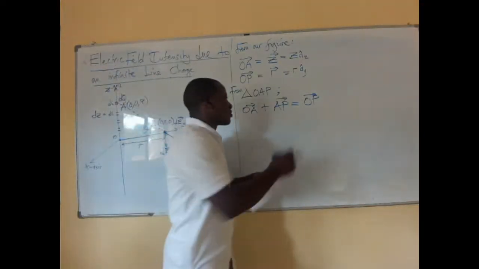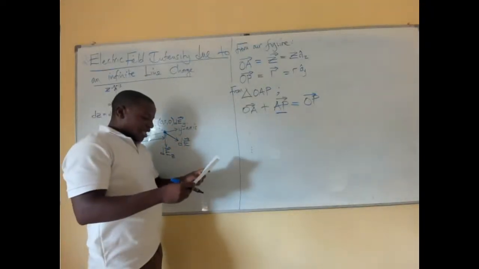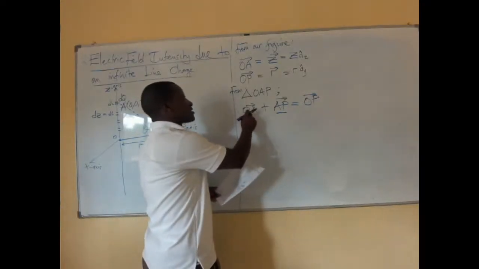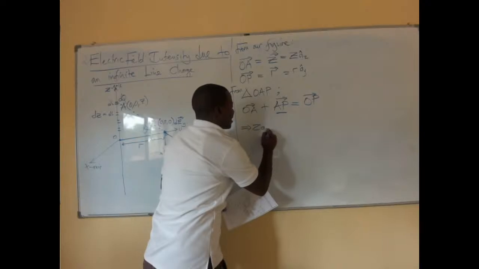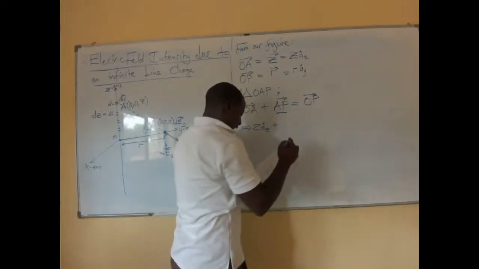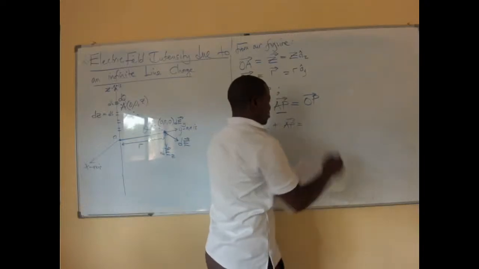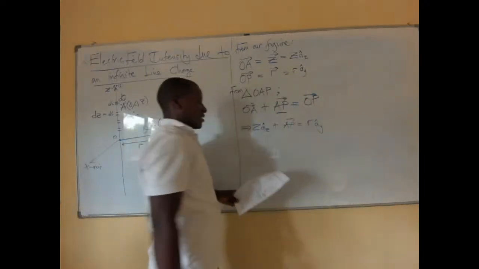But what we don't know is AP. So we replace with what we have up there. So we have Z AZ as a unit vector plus AP, which must be equal to R AY as a unit vector.